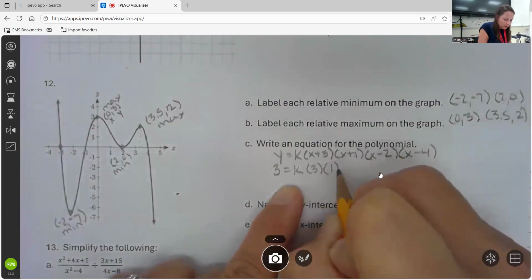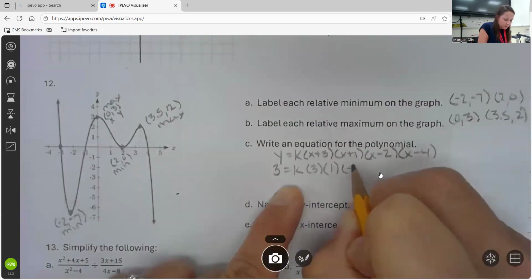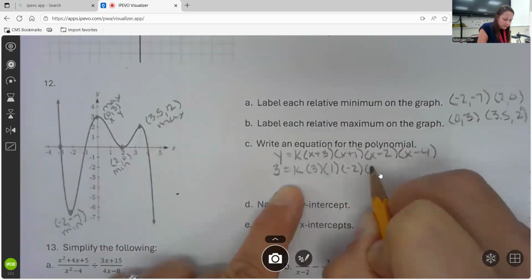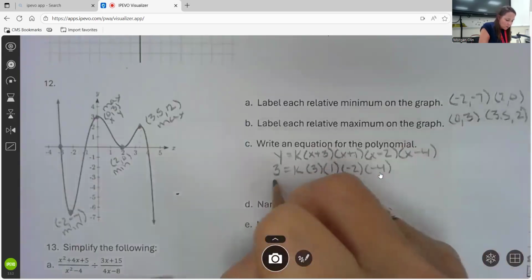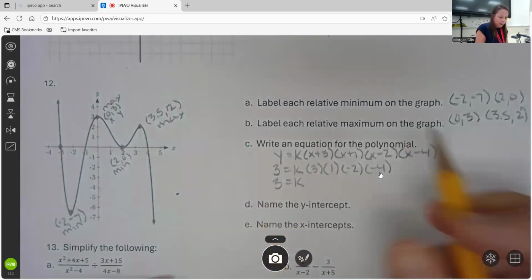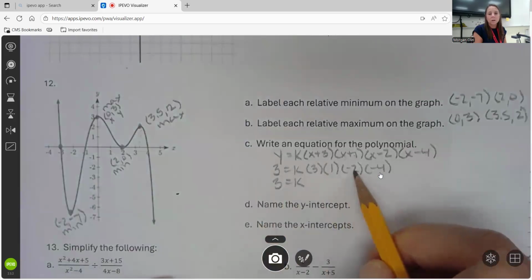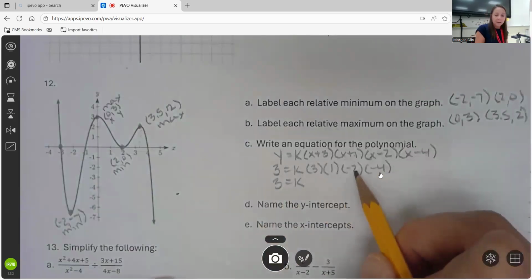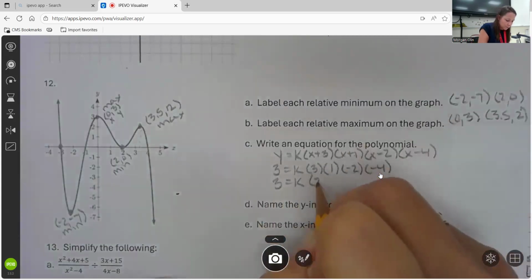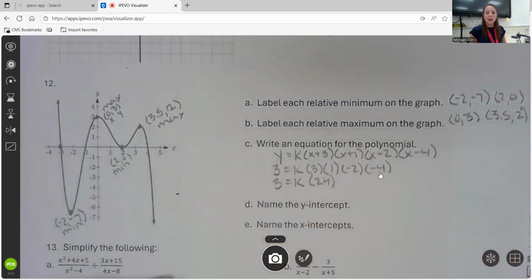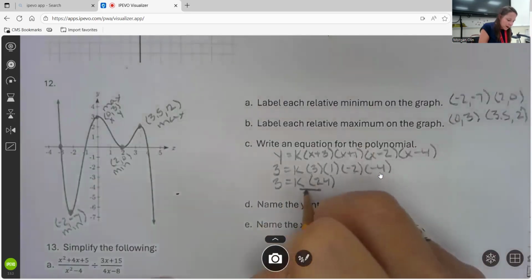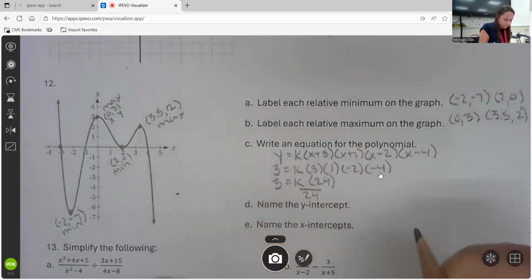Then I'm left with a 1. 0 minus 2 is -2, and 0 minus 4 is -4. So all of these things right here get multiplied. 3 times 1 is 3, times -2 is -6. -6 times -4 is a +24. And then how do I solve for k? You divide by 24.